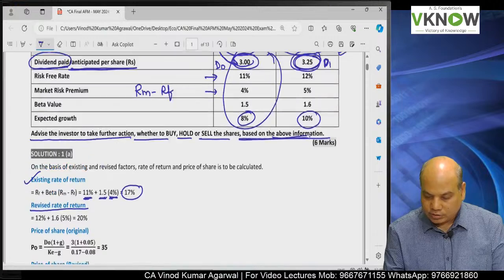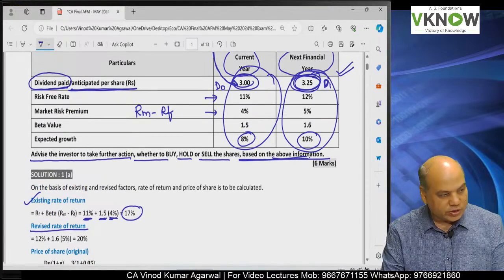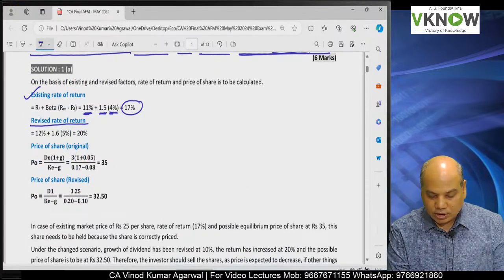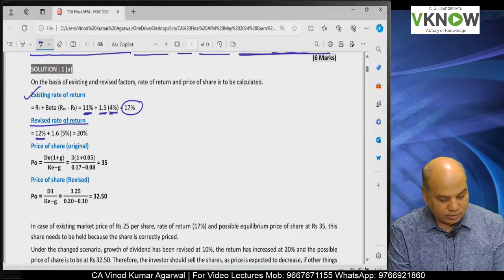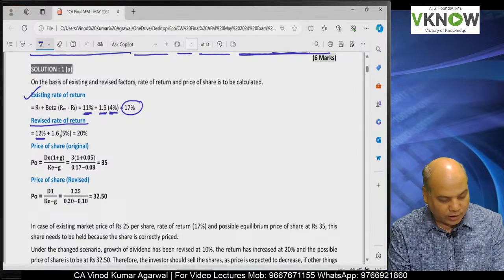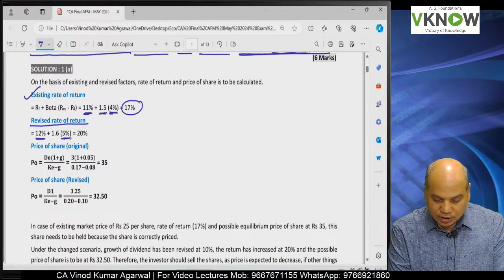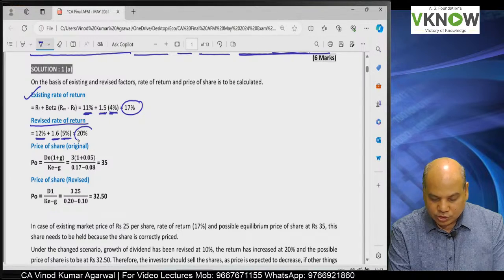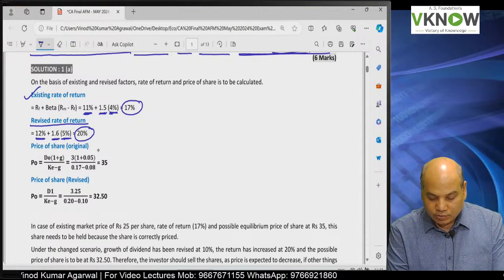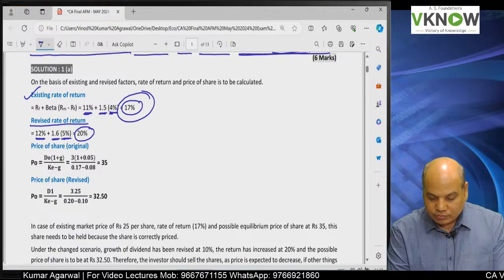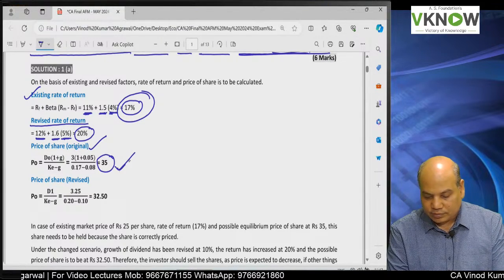Revised rate of return, which is based on this revised data, and this is your risk free return which has also changed to 12, and this is market risk premium and beta is also changing 1.6, so this comes to 20%.